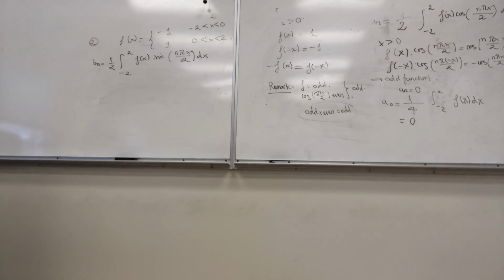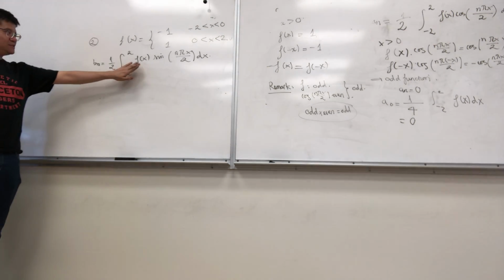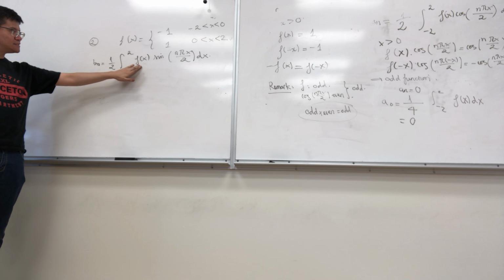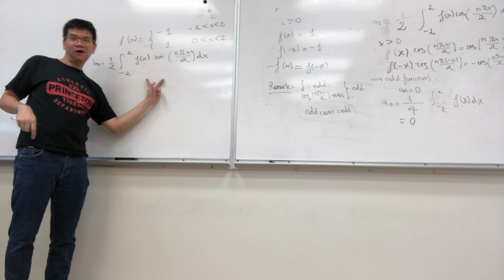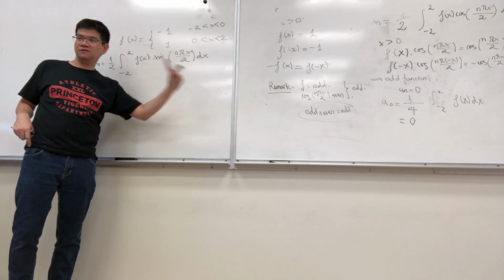All right. Now, in this case, f is odd, and sine of n pi x is odd. So odd times odd is an even function.